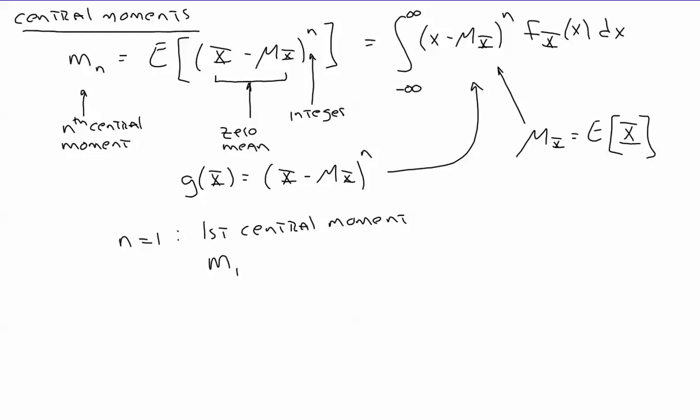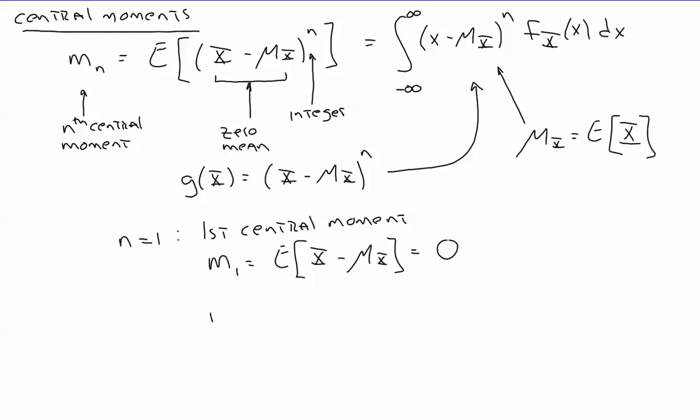M sub 1 is the expectation of x minus mu of x. And as we've discussed before, the mean value of a zero mean random variable is exactly 0. If I take x and subtract its mean, I get a new random variable whose mean is 0.